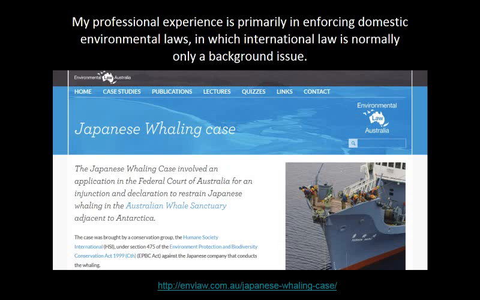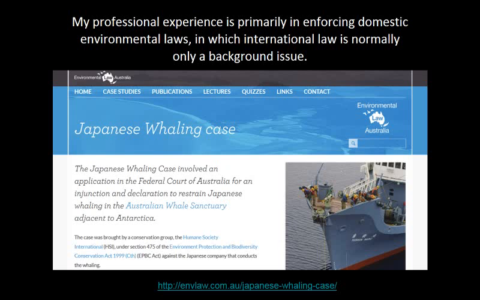My professional experience is mainly focused on enforcing domestic environmental laws, in which international law and policy is only a component. So the sort of cases I've been involved in, we'll talk this afternoon about Antarctica and Japanese whaling as an example. A decade ago I was involved in a really big court case involving Japanese whaling in Antarctica.